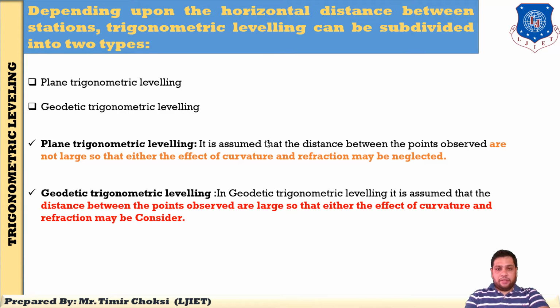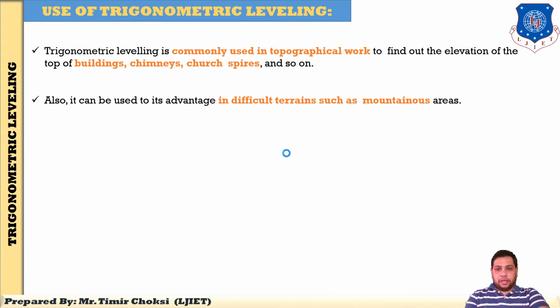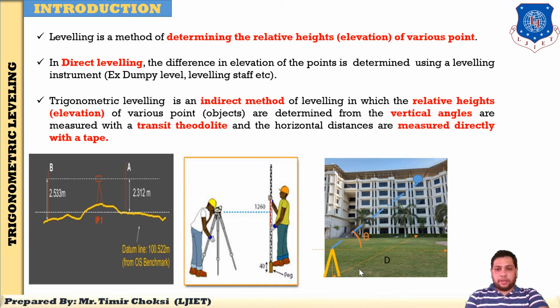So when you assume that the distance between the station and the object is not large, it is called plane trigonometric leveling. Up to a distance of 18.5 kilometers you consider it plane trigonometric leveling.